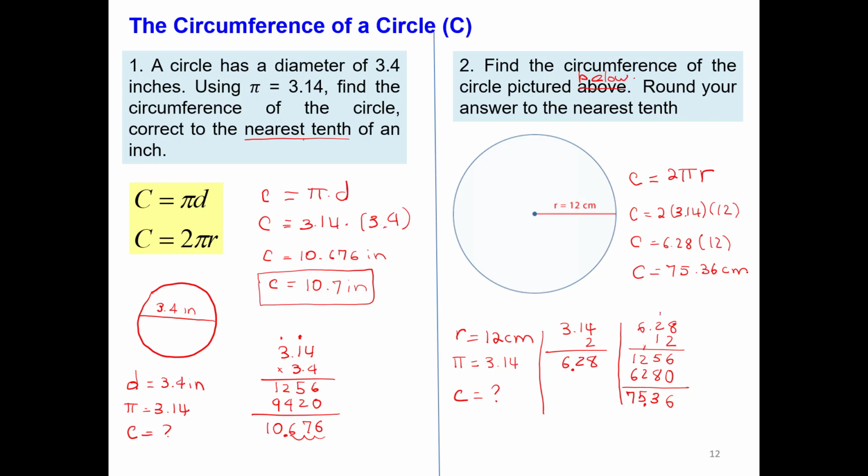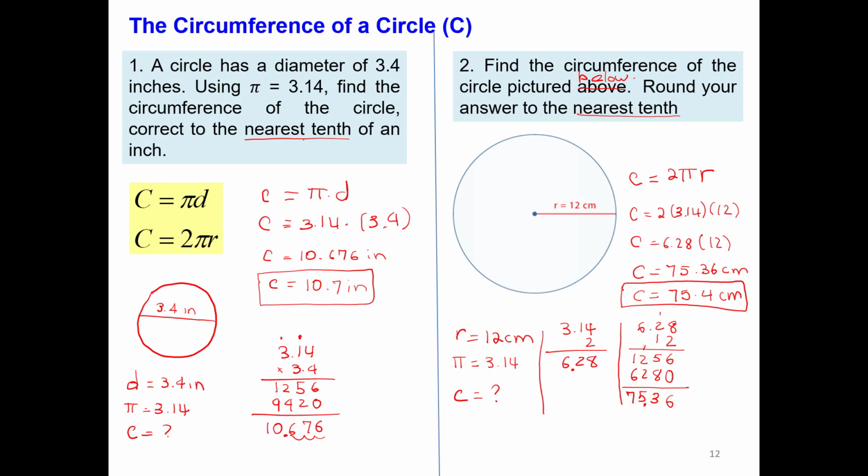Because we want to round the answer to the nearest tenth, the tenths position is 3, and the next digit, 6, is greater than 5, so we need to write this as 75.4 centimeters. Yes, this should be the answer.